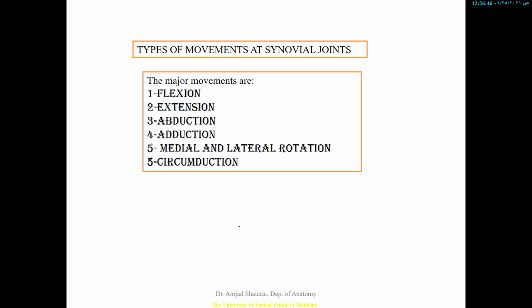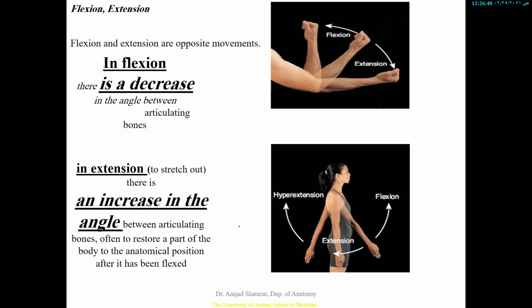Now in this part of the lecture I will take you through different movements. I advise you to memorize these movements from pictures, from my videos, and I talked about them in my live lectures, and I would certainly highlight the most important movements on joints.